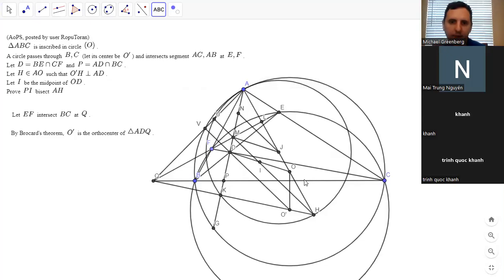And similarly, M is the orthocenter of AHQ.